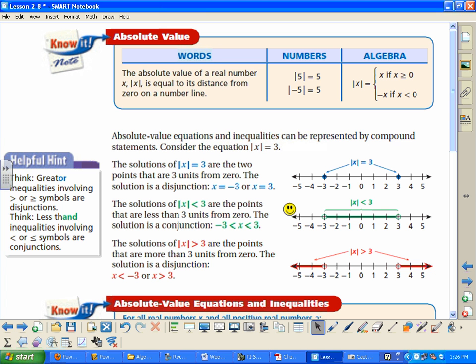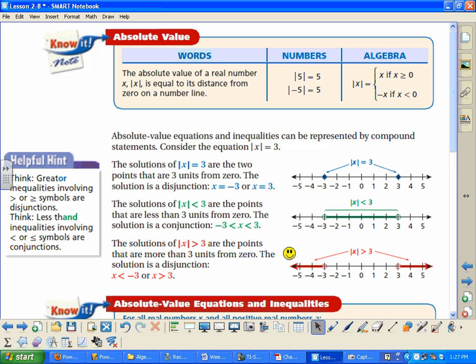And so that would be a conjunction, okay, where the word and is used. And all the numbers where the absolute value of x is greater than 3 are the numbers that are outside the 3's. 4, 5, 6, -4, -5, -6. Okay? Because if we took the absolute value of -4, that's 4, which is greater than 3.